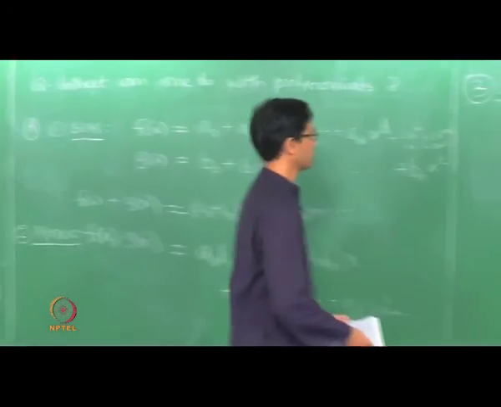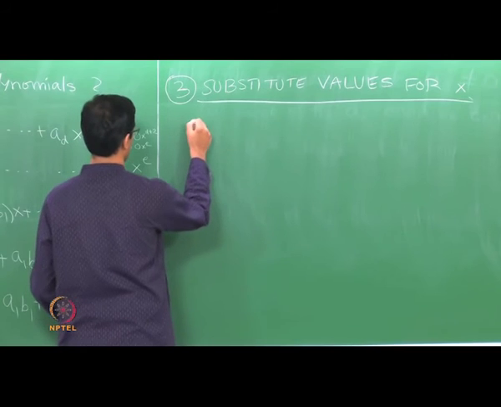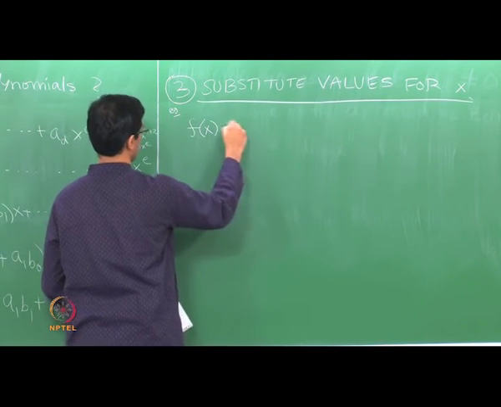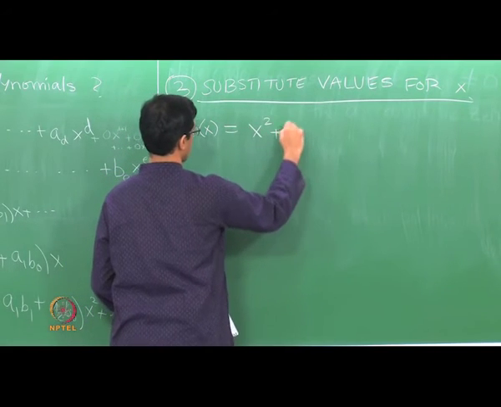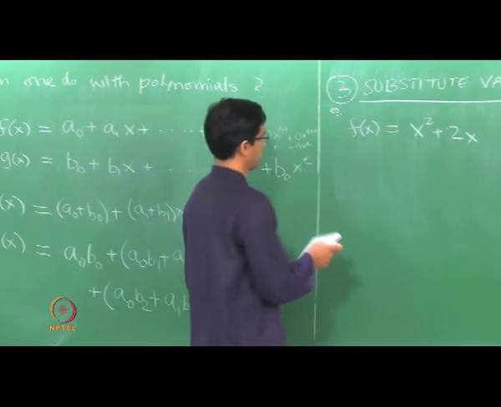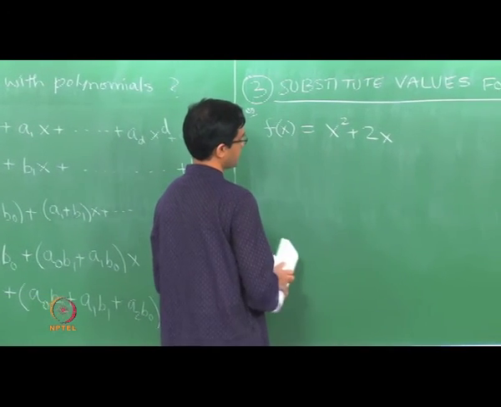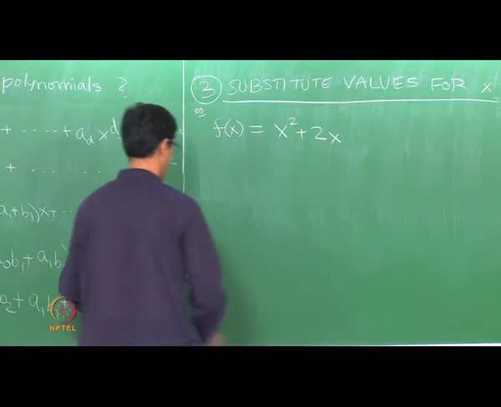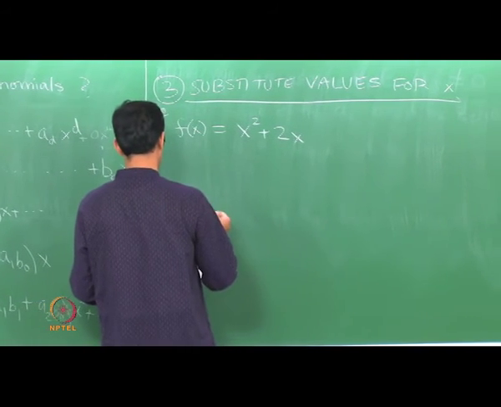So you treat it like a function. If I have a polynomial f of x, again the obvious thing, say I give you x squared plus 2x, then I plug in various values for x. Imagine I am plugging in various real numbers and I could see what happens.